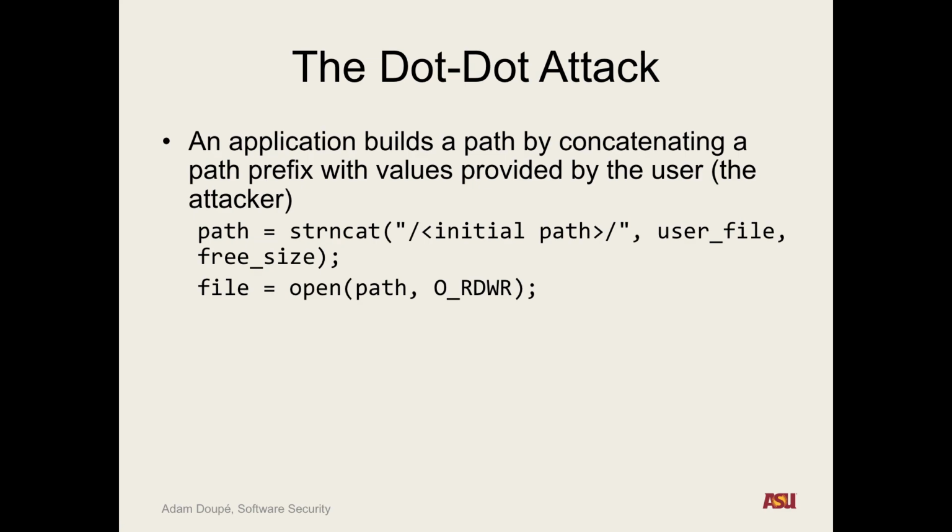I think you only want the user to open files in a subdirectory under initial path. Does everybody agree that whatever this initial path is, you only want files to be opened in initial path? That's kind of implicit in the security of this application.